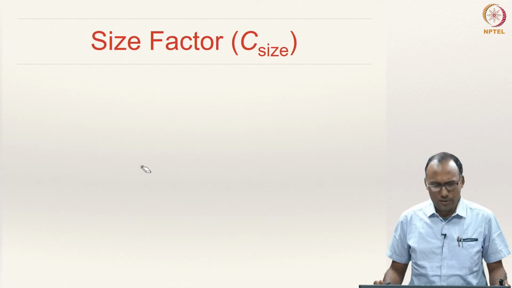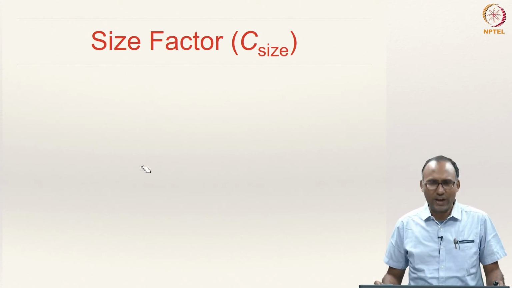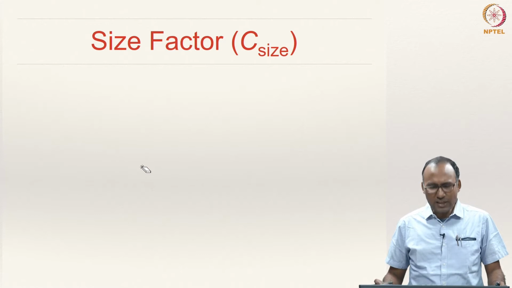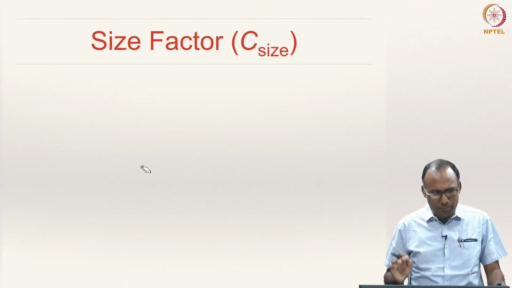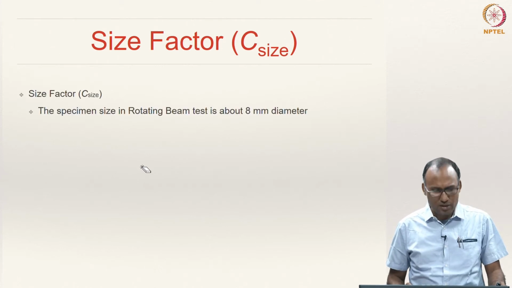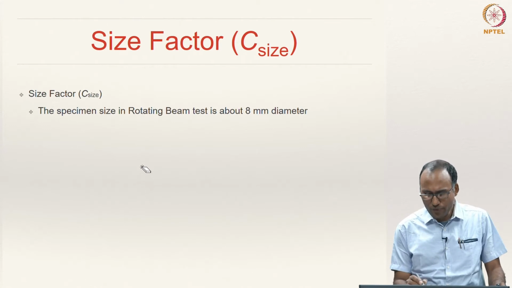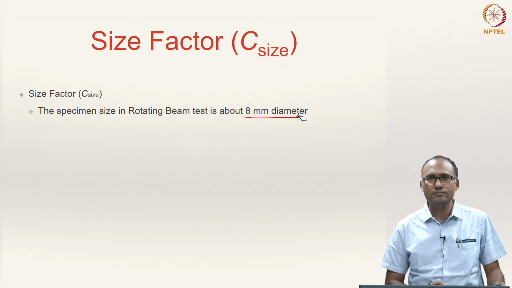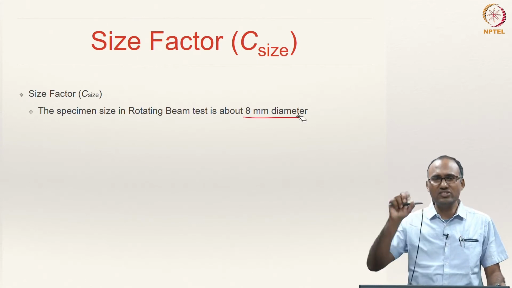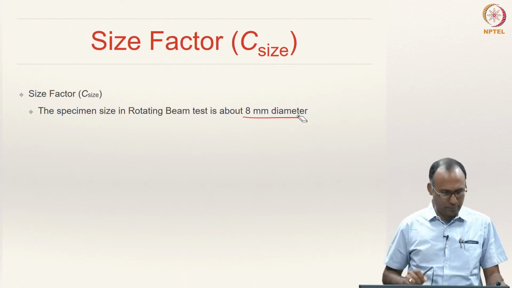And the next factor is size factor, and the reason why we have to include this size factor is because the rotating beam bending test uses a specimen size of 8 mm diameter, right. It uses a cylindrical specimen of diameter 8 mm.